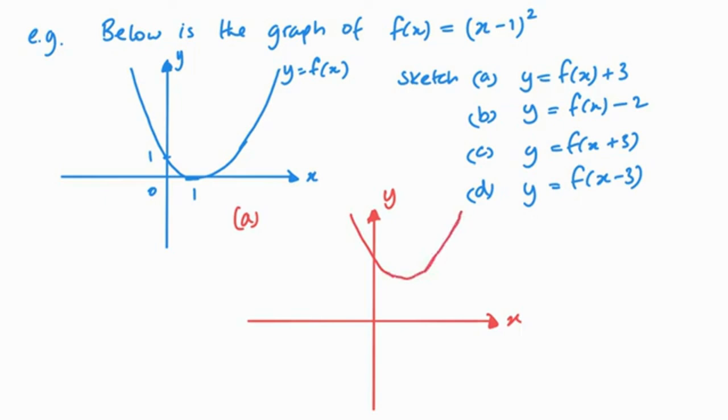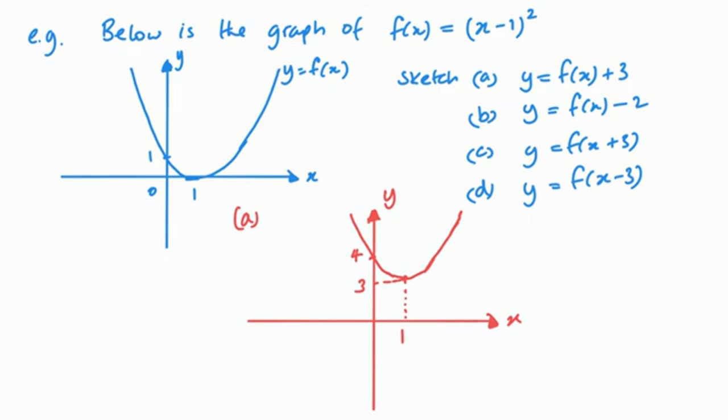So it's going to be sketched something like this, where now this point is still in line with the one on the x-axis, but instead of being at 0 on the y, this point would now be in line with 3. And the point where it crosses the y-axis would now be 4, as it's been increased by 3.